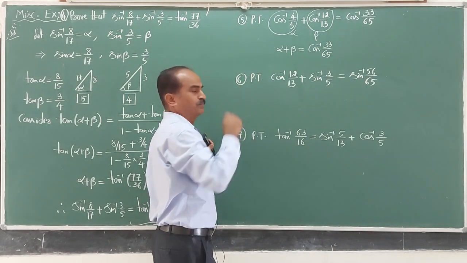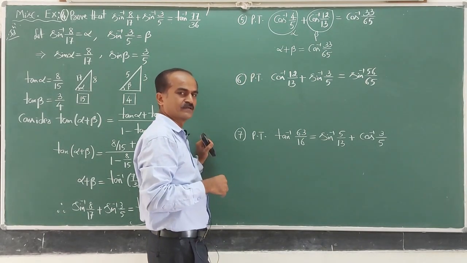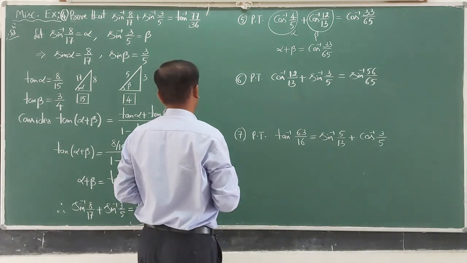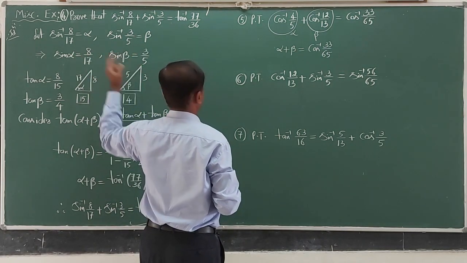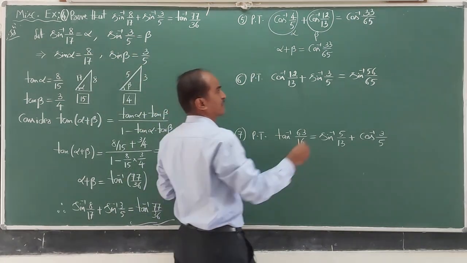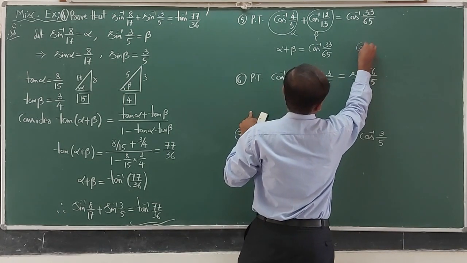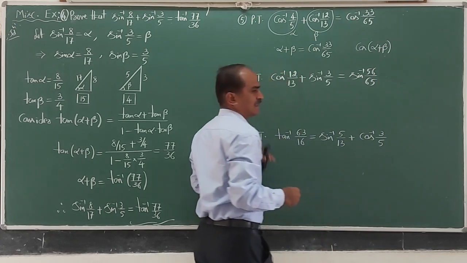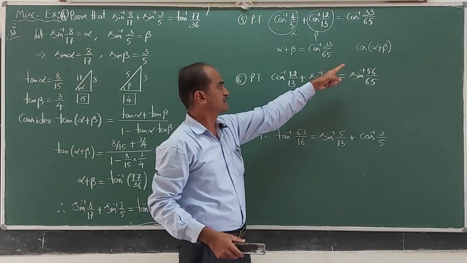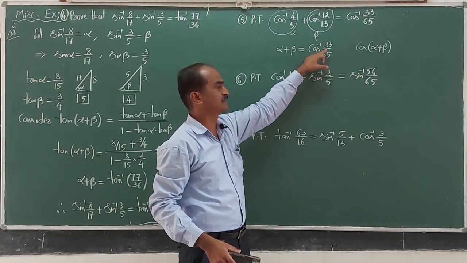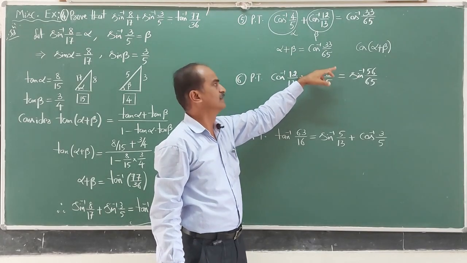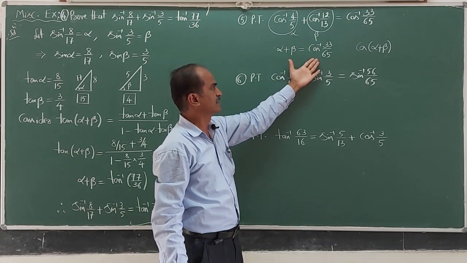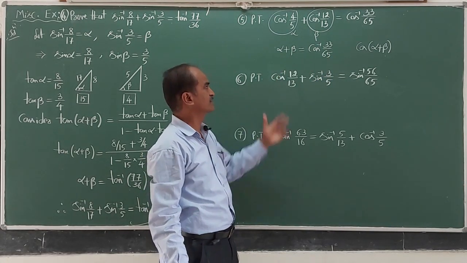In order to prove this result, what we have to consider? In the last case we considered tan. Here what function I have to consider? I have to consider cos of alpha plus beta. I have to show that cos of alpha plus beta equal to how much? 33 by 65. Then you can write alpha plus beta is cos inverse of 33 by 65.